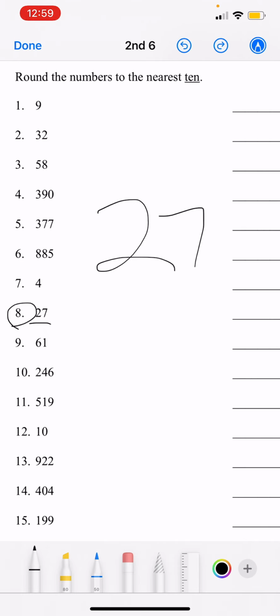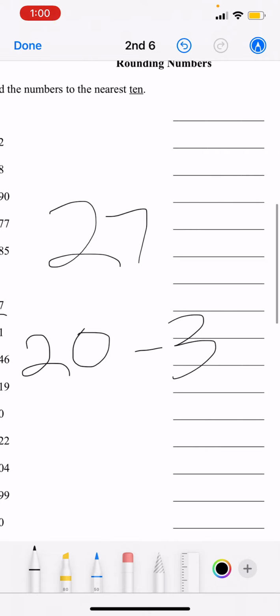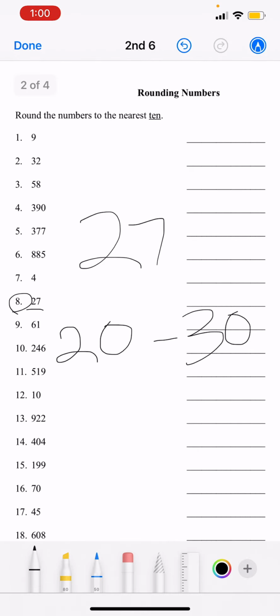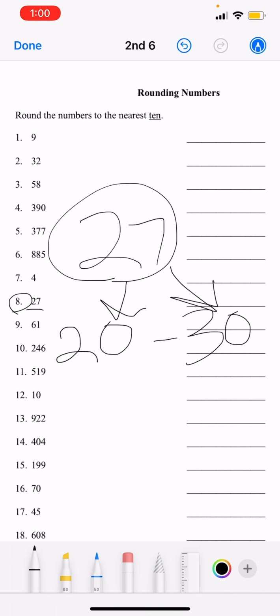But you see, 27 is between what? 27 is between 20 and 30. So when they ask us to round the numbers to the nearest 10, we have to round 27 to either 20 or 30. Now, if you look at the number 27, do you think 27 is closer to 30 or closer to 20?